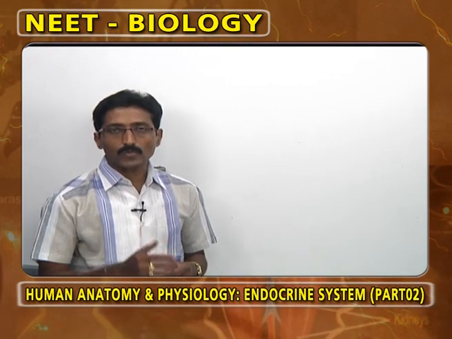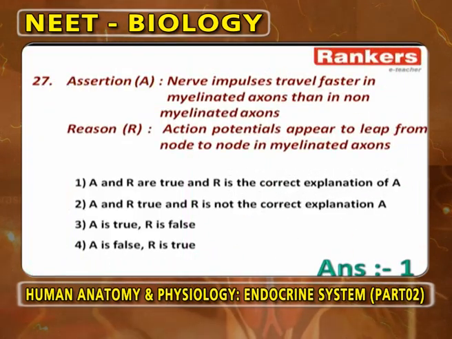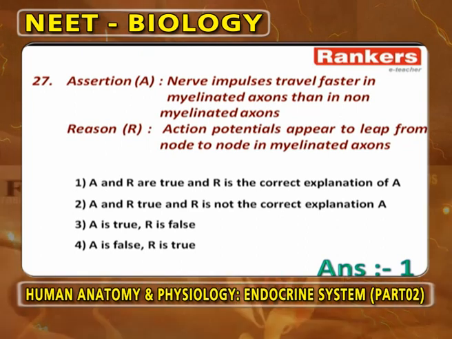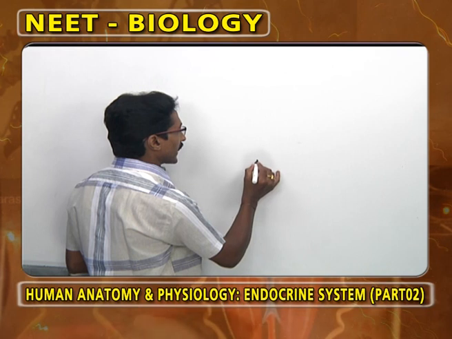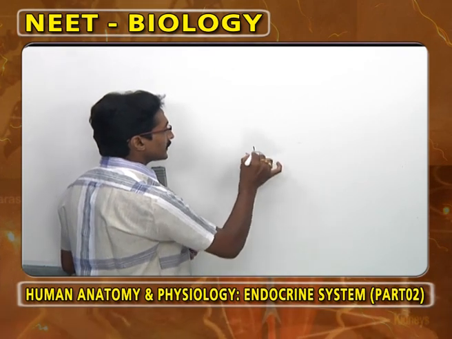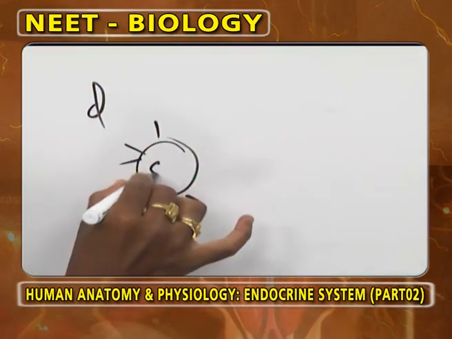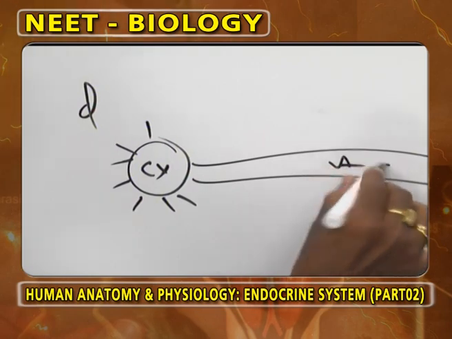Now next question: nerve impulse travels faster in myelinated axons than in non-myelinated axons. Now as we observe the myelinated axon, this one we call cyton and these are called dendrons. This one is called cyton, and this one we call the axon.